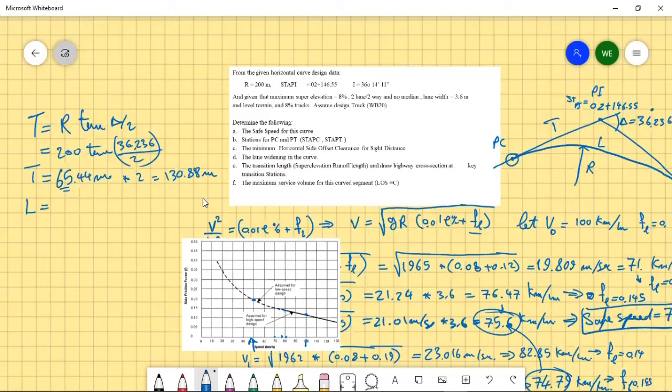So it's basically R multiply delta. So it's R, which is 200, multiply 36.236 divided by 180 multiply pi. How much, Yusuf?